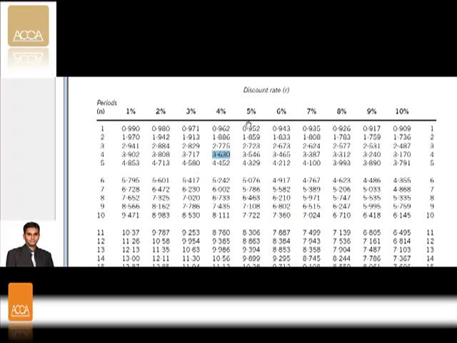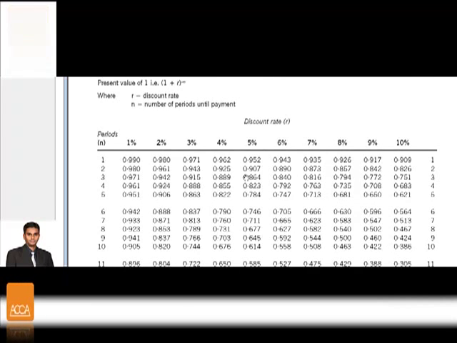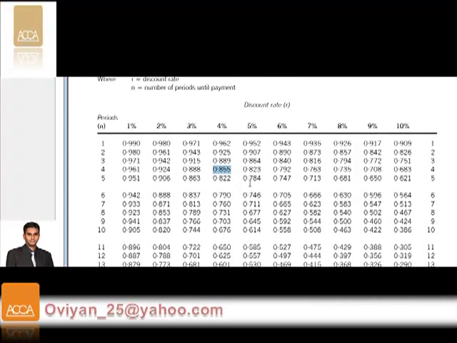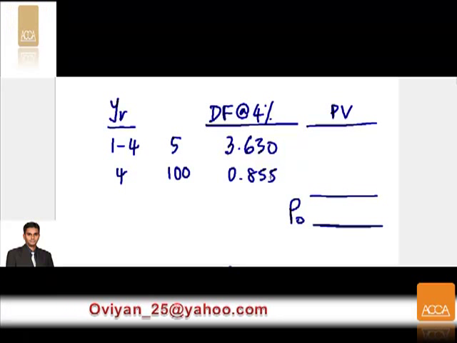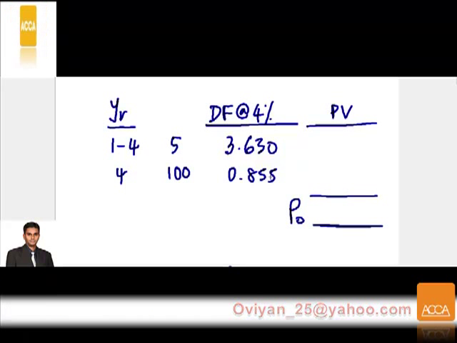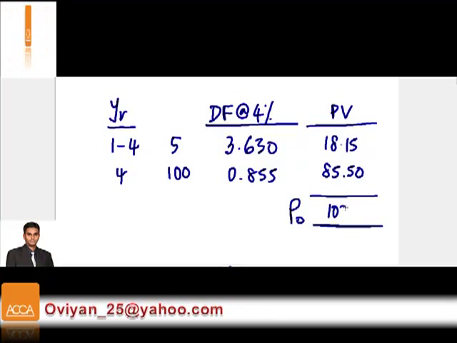Then we go for the discount factor for the 4th year, which is 0.855. When you multiply, you get 18.15 over here, and 85.50. You add them up, and you get the bond valuation of 103.65.